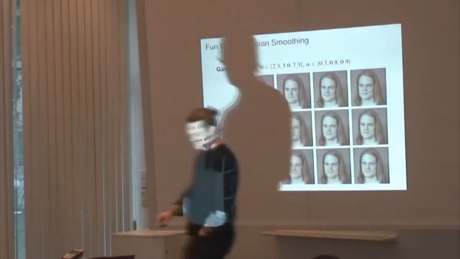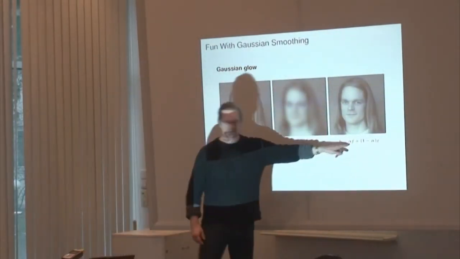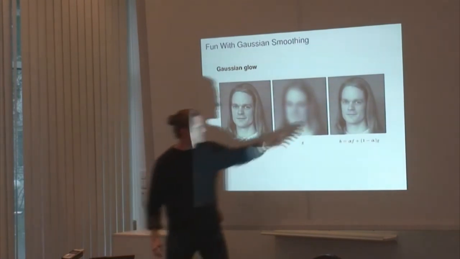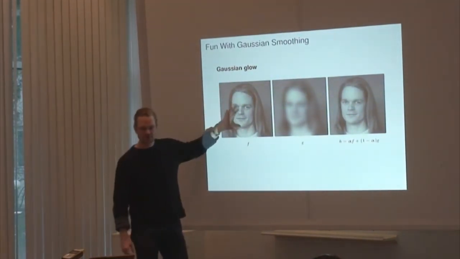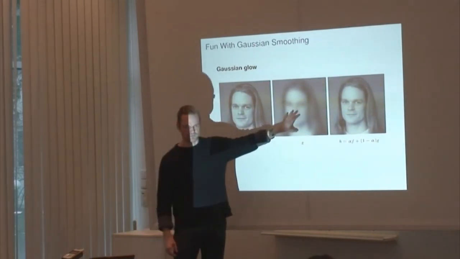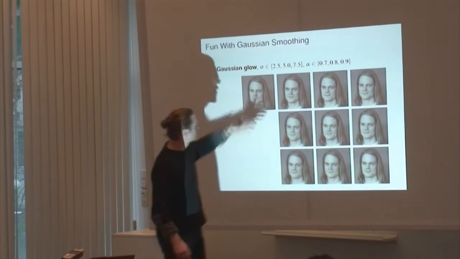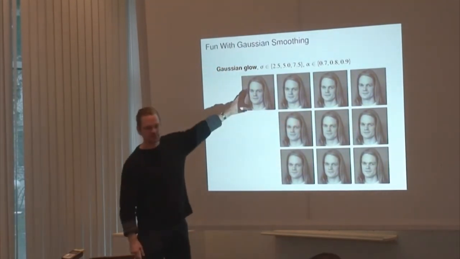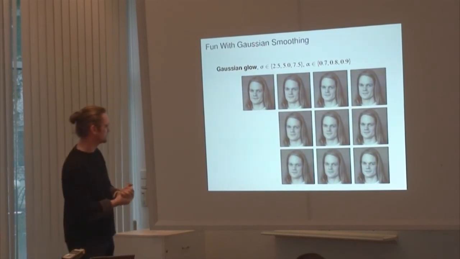Let's go back to the equation. So if this alpha is large, then that says to create this image, take, say, 90% of the intensity values from this one and just 10% from this one. But here, I took 70% of the intensity from this one and 30% from the blur one. Right. There you have it.